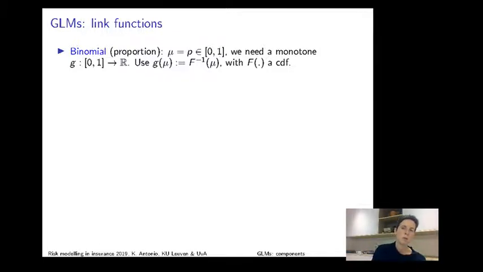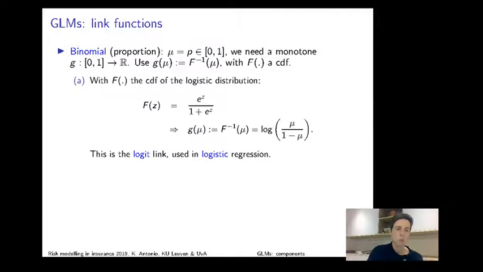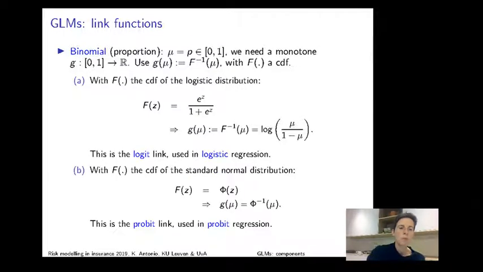And two popular choices for this have been proposed in the literature. First, the CDF of the standard logistic distribution, with its inverse printed over here on the sheet. The link function is then called the logit link, and the corresponding regression model is a logistic regression model. And second, let F be the CDF of the standard normal distribution.